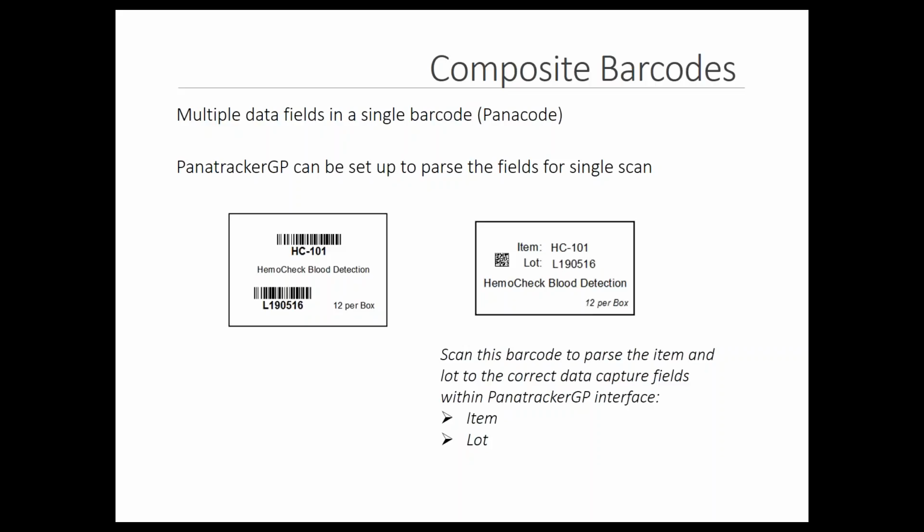In our software, we have the logic that if you scan that 2D barcode, we know how to parse out all those pieces of information into the correct fields in the application. The big advantage is a single scan, without having to scan your item, then your lot number, then your expiration date. A single scan populates all the data for you automatically.